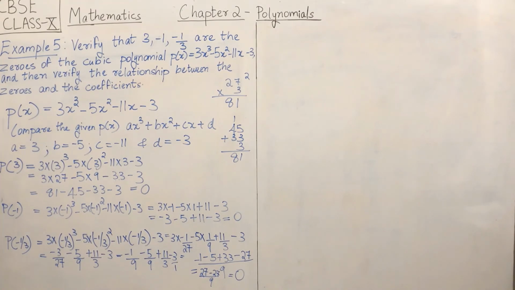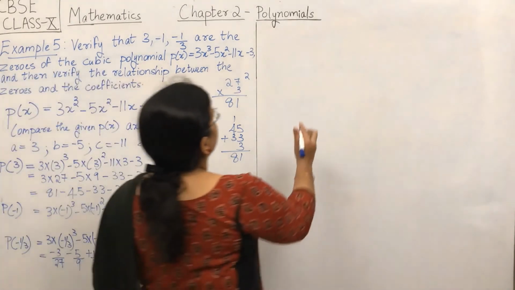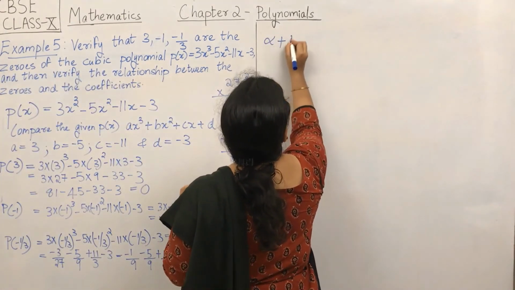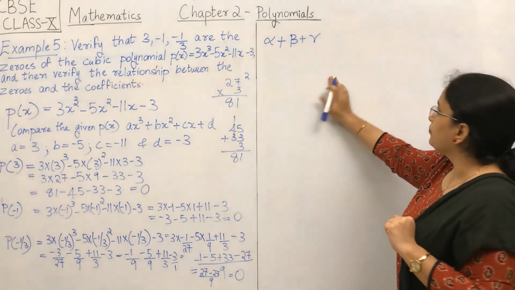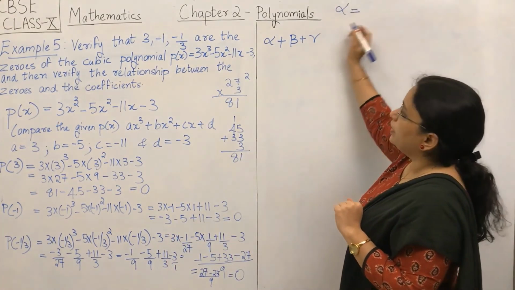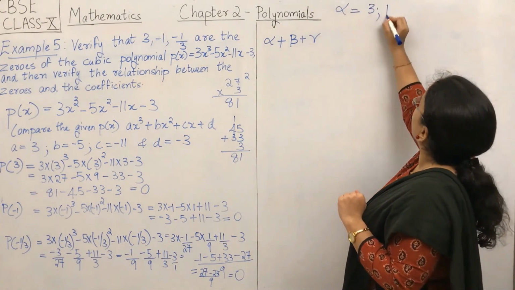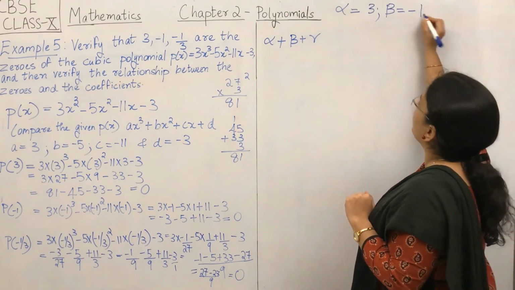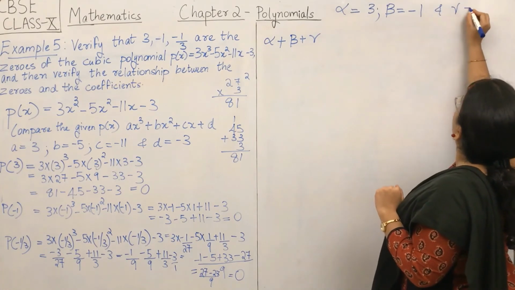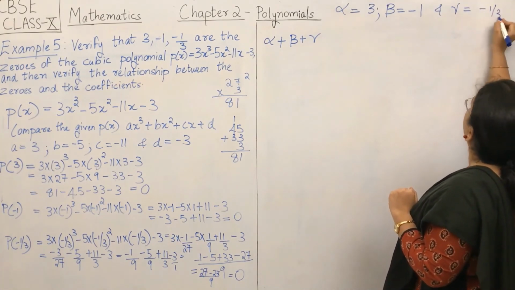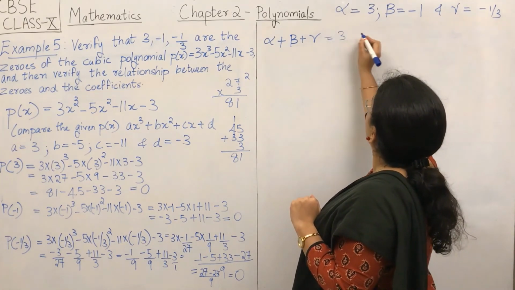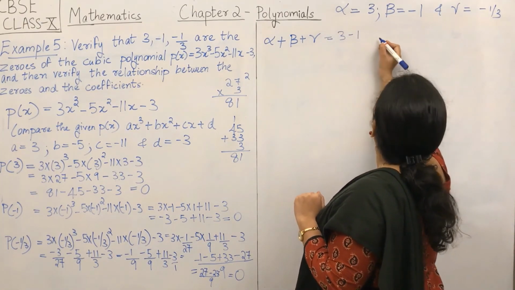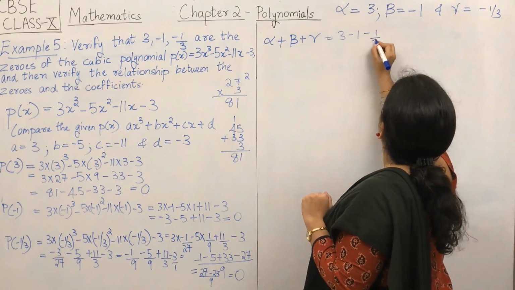Now we can check the relationship between zeros and the coefficients. Firstly, alpha plus beta plus gamma. What are alpha, beta and gamma? Alpha equal 3, beta equal minus 1 and gamma equal minus 1 by 3. Now alpha plus beta plus gamma equal 3 minus 1 minus 1 by 3.